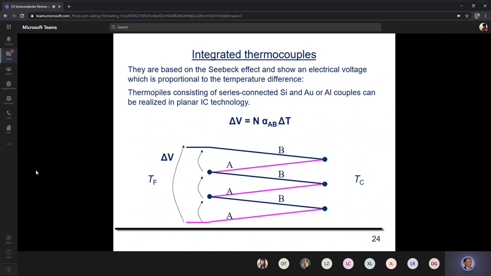So by forcing a difference in temperature, we can obtain a current. Or vice versa, if we force a current, we obtain a difference in temperature. All these effects have a different name, but originate physically from the same set of equations that I said before.